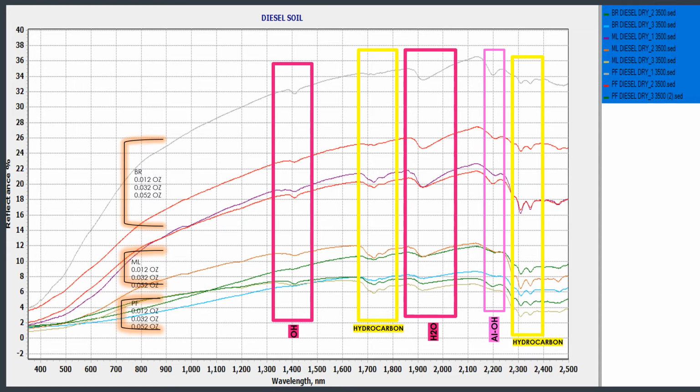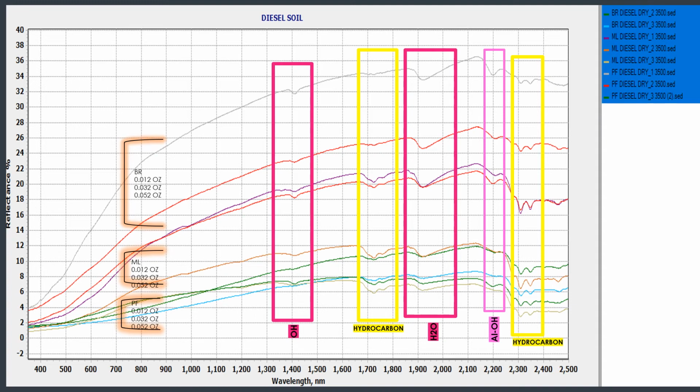The second thing I want to point out is that at the 1200 nanometer region, there is a very small light hydrocarbon feature that is more visible in the saturated 0.052 ounce contaminant soil samples, although still a very weak absorption depth.